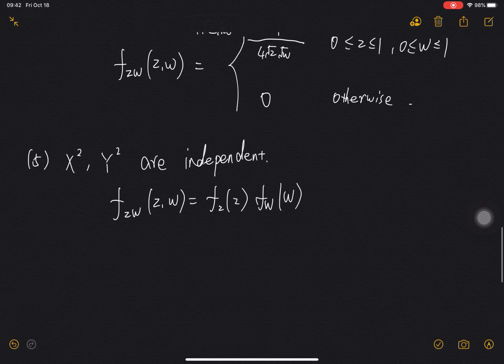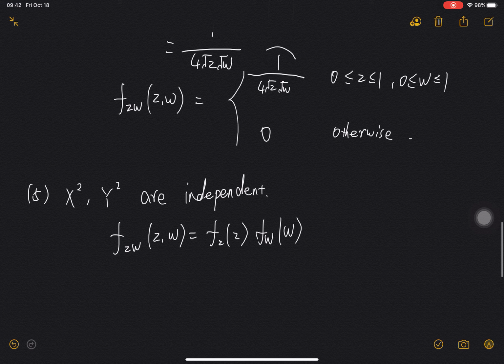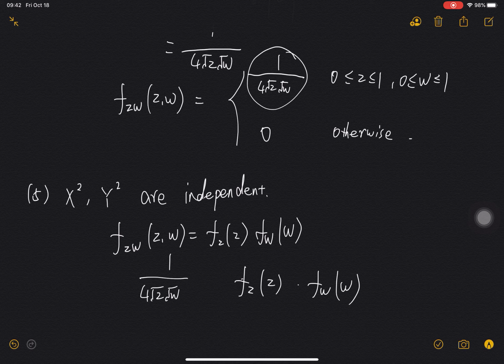And it's obvious because the joint density function right here can be written as part of a function of v and part of a function of w, right?